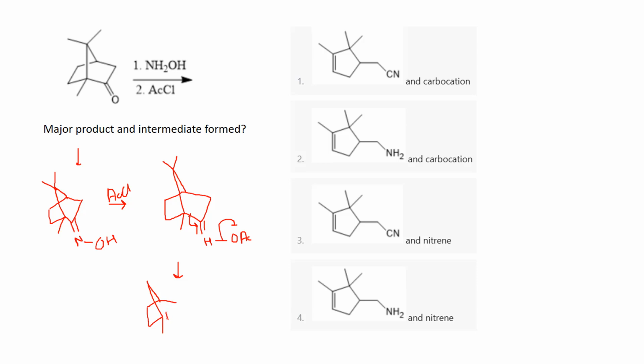There is a carbocation, so the intermediate will be carbocation, so between 1 and 2. So the intermediate is carbocation, not carbonitrile, so only a carbocation. As it is a tertiary carbocation, so what can happen?